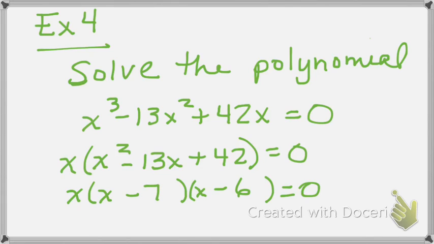Yep, that works. Okay, so now we need to solve it. What would make each of those turn out to be a 0? 7 and 6. And also, remember, don't forget about this x out front, because I should have 3 answers. So 0, 7, and 6. And those are 3 answers. Everybody okay with that?